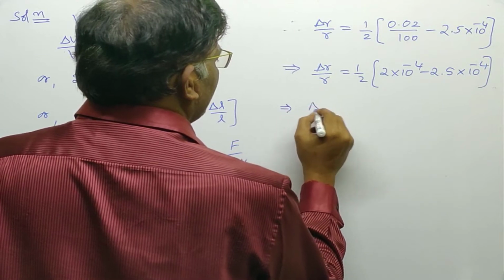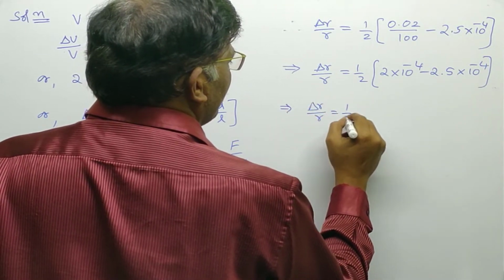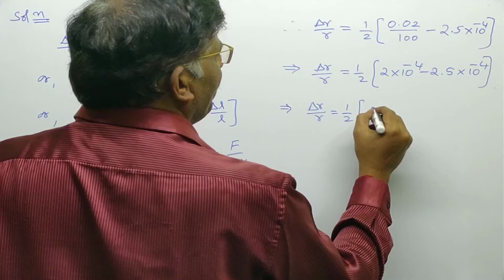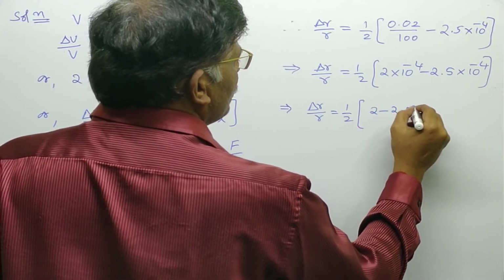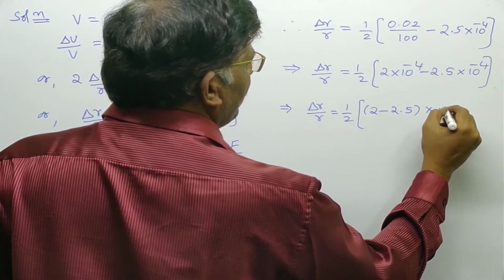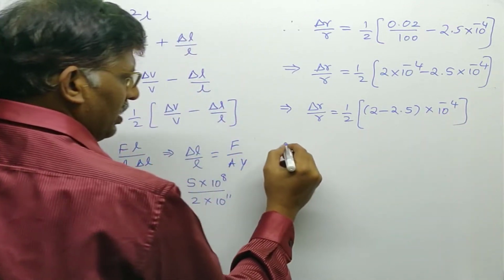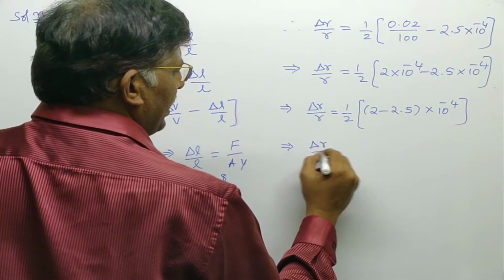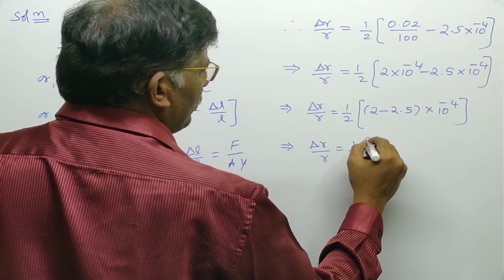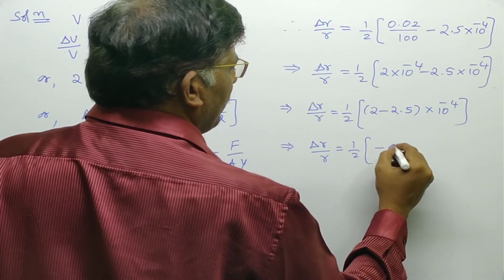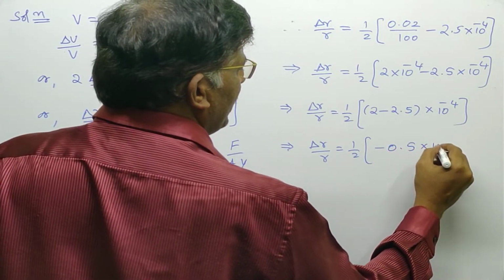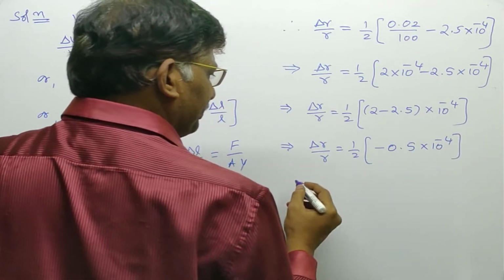That implies delta R by R is equal to 1 by 2 into 2 minus 2.5 into 10 power minus 4, which is 1 by 2 into minus 0.5 into 10 power minus 4.